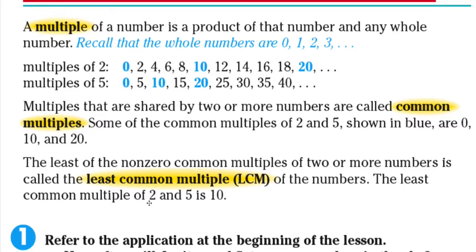The least common multiple of 2 and 5 is 10, because that is the least non-zero common multiple of 2 and 5. Again, we're talking about the least non-zero common multiple.